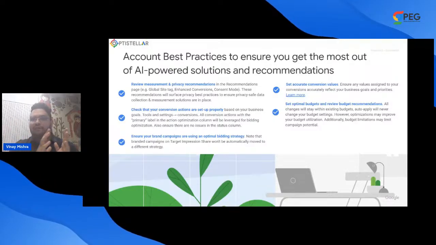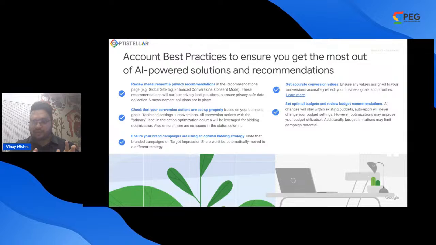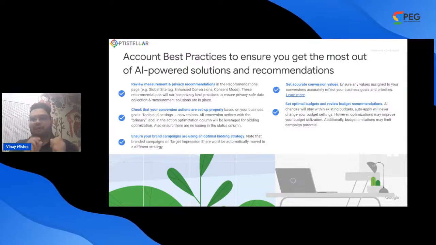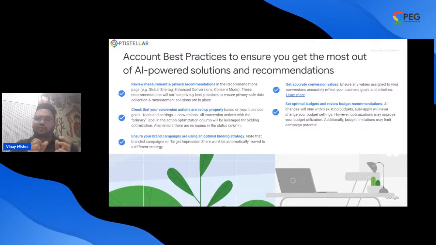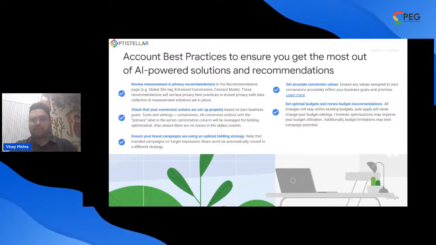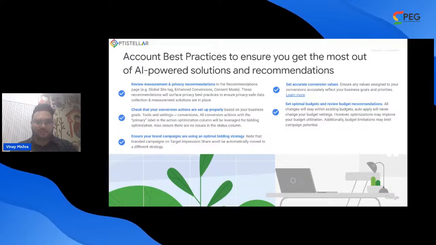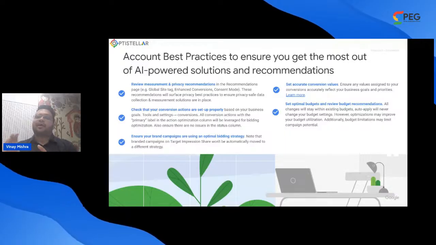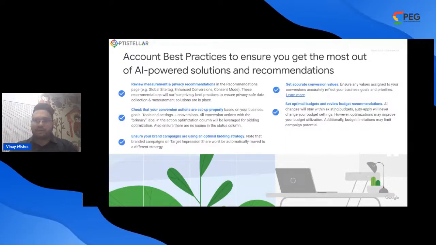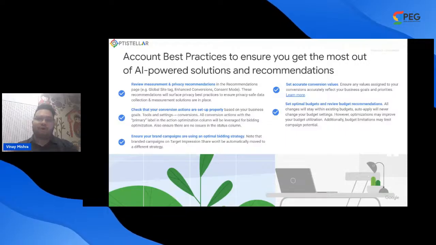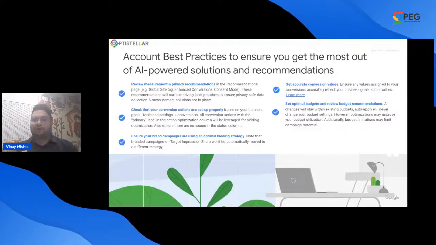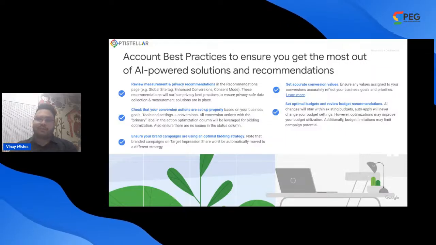So if you have all of these best practices in place, you give the system a good chance to use the best budget required to reach those particular auctions, get the best momentum in the auctions, and get the best placement in the auctions. It is also very important to have an optimal and realistic budget for your campaigns.